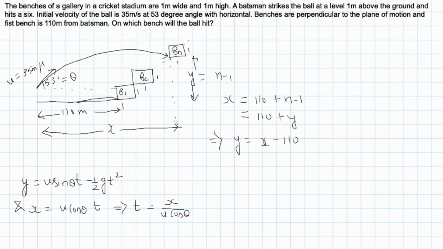Now we can put this t in y, and we can write y is equal to u sine theta into x by u cos theta minus half of g x square upon u square cos square theta.